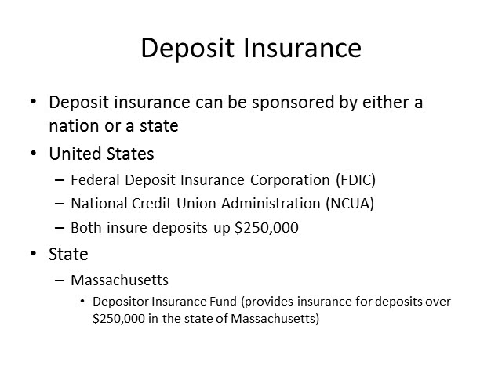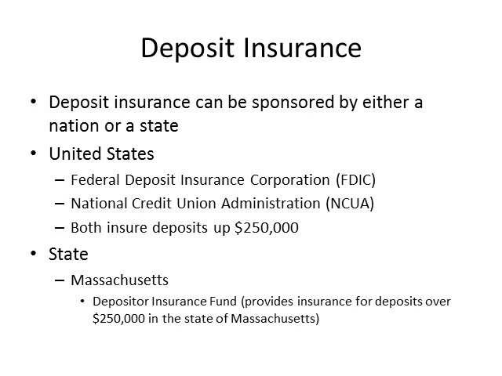Generally, deposit insurance can be sponsored either by a nation, a state, or a province. In the United States, deposit insurance is sponsored by the federal government through two independent agencies, the Federal Deposit Insurance Corporation, or the FDIC, and the National Credit Union Administration, or the NCUA. Both agencies insure deposits up to $250,000.